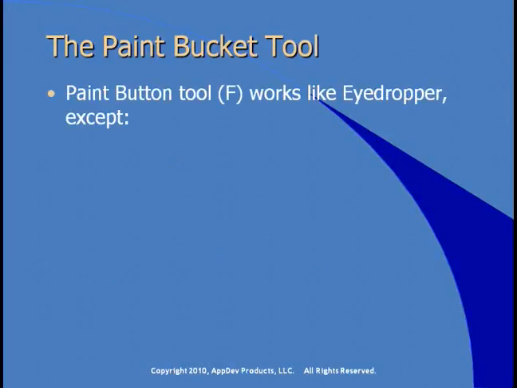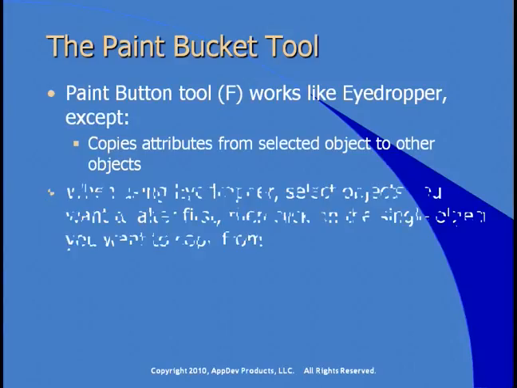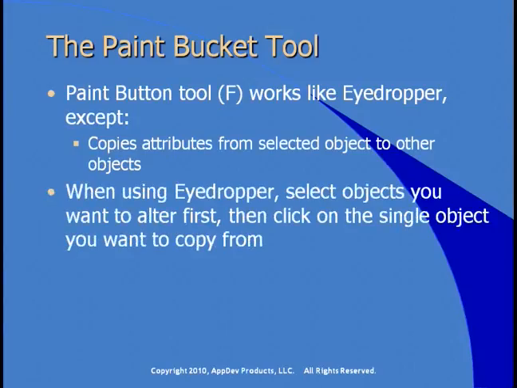The paint bucket tool, press F to get that, works like the eyedropper, except it copies attributes from the selected object to other objects. You'll see the order of operations, the workflow, is different for the two tools. When using the eyedropper, you select objects you want to alter first, then click on the single object you want to copy from.